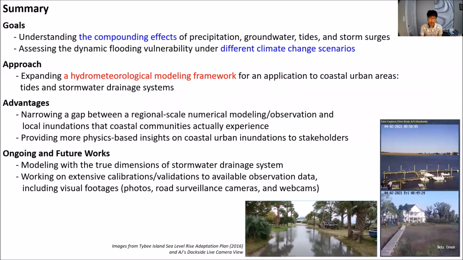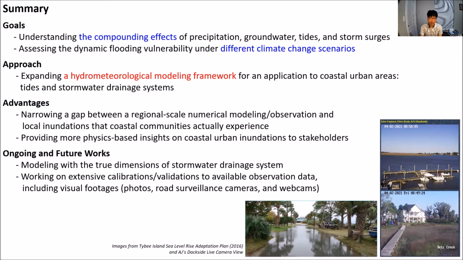To summarize, our goal is to understand the compounding effect of different flooding drivers in coastal urban areas and assess the dynamic flooding vulnerability under different climate change scenarios. We have been using a hydrometeorological modeling framework for our application by including tides and stormwater drainage systems.